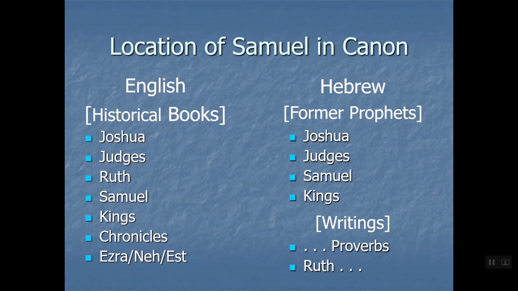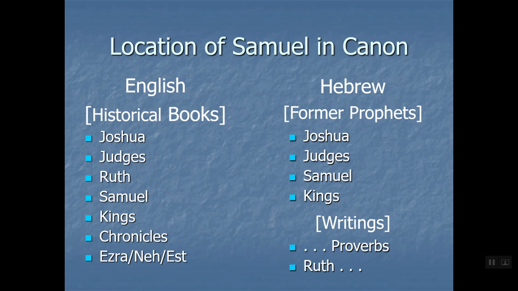But right now I just want to point out that in English, Ruth follows right after Judges and comes in between Judges and Samuel. But importantly, and it's going to be important for what I discuss today, in the Hebrew writings, or in the way that they orient their canon, there is no intervening book between Judges and Samuel. Again, there's good things about both.